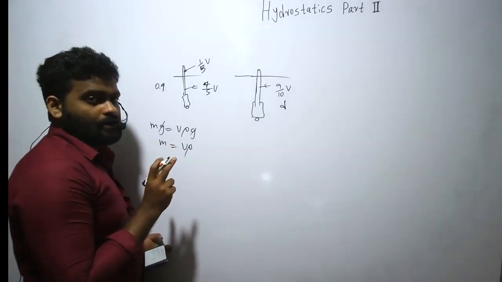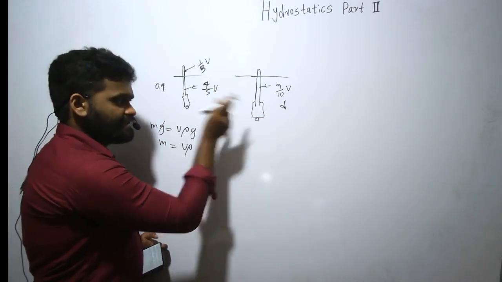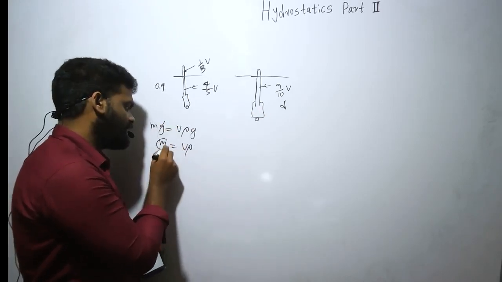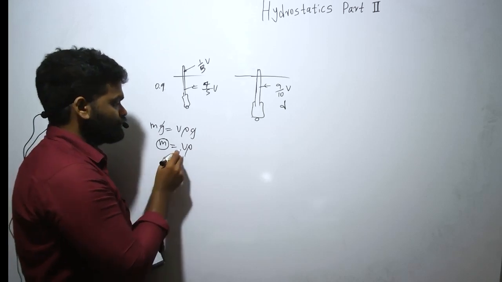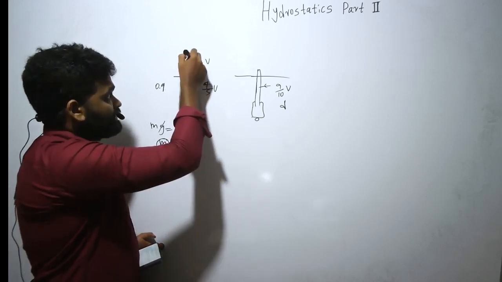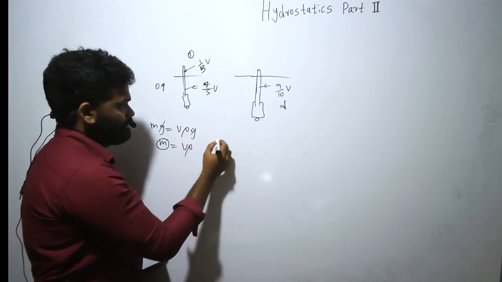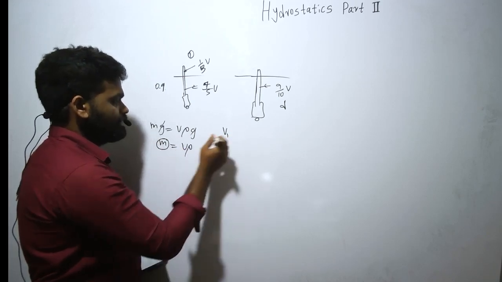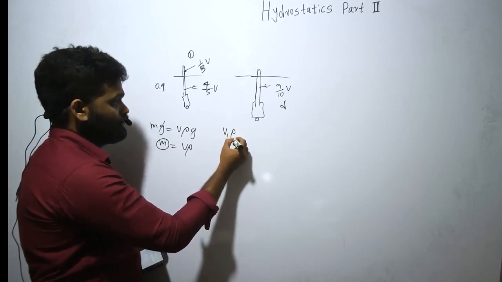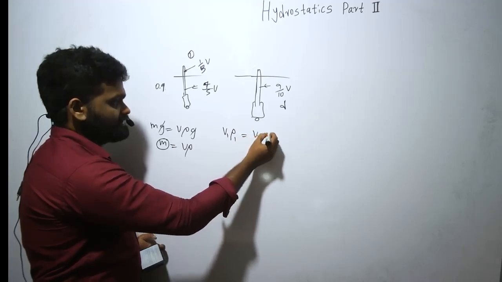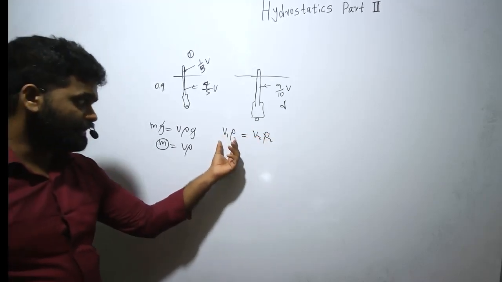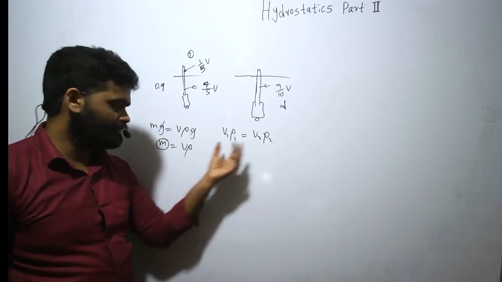So when you think about this case and this case, we are using the same hydrometer. So the mass of the hydrometer is the same, right? So you can understand for this first case, if you write, let's say immersed volume is V1, let's say density is rho 1. For the second case also it is V2 rho 2. This product does not change, right? You can understand that.